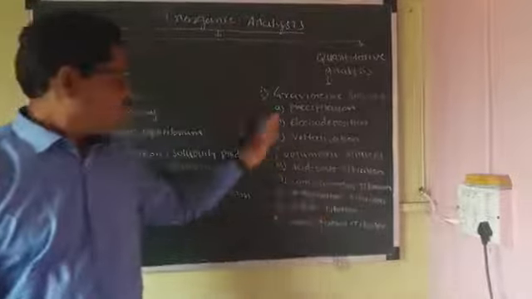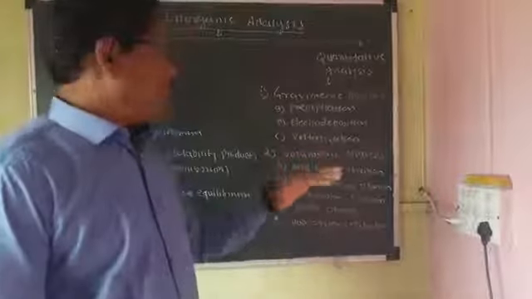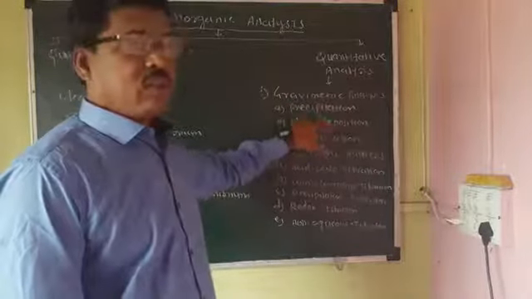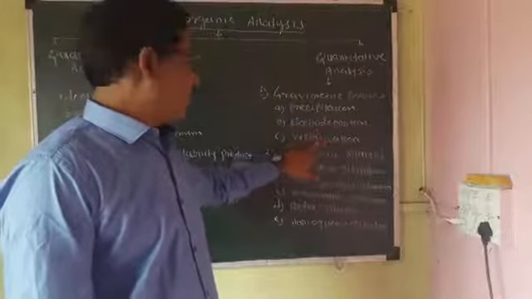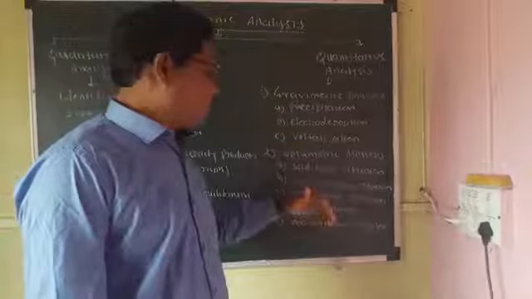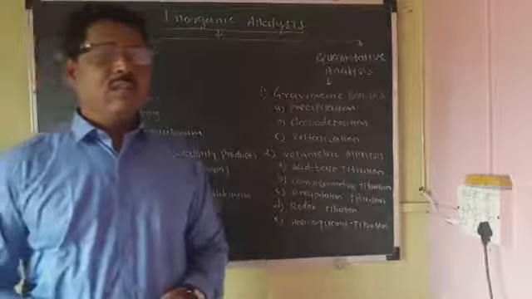These are the very important types of gravimetric analysis. The gravimetric analysis includes precipitation, electrodeposition, and volatilization methods. In volumetric analysis: acid-base, complexometric, precipitation, redox titration, and non-aqueous titration.